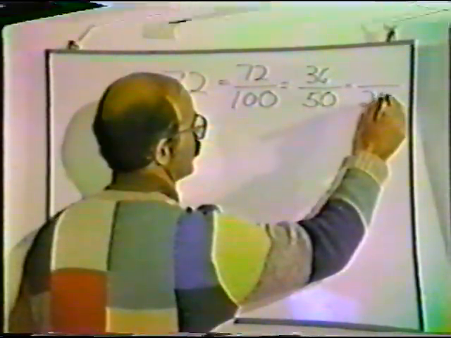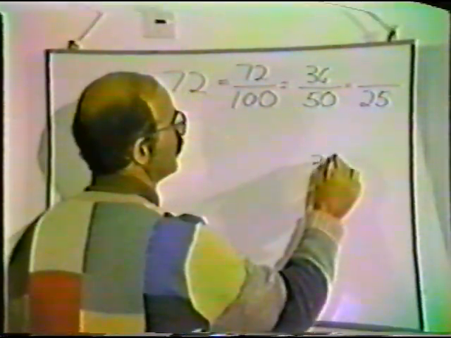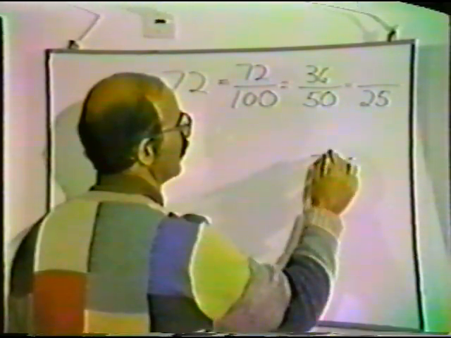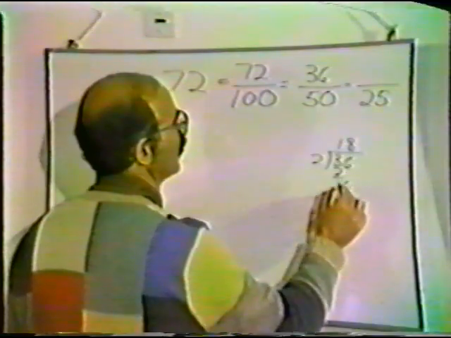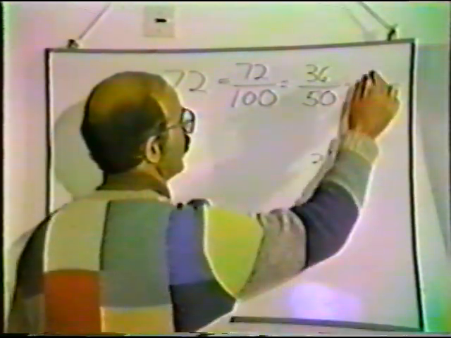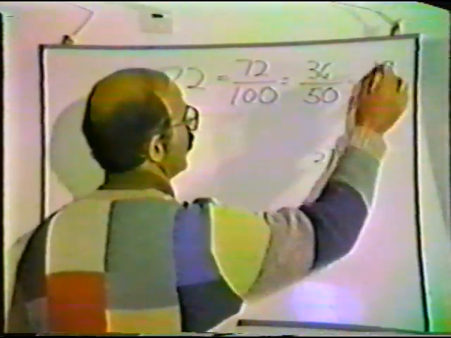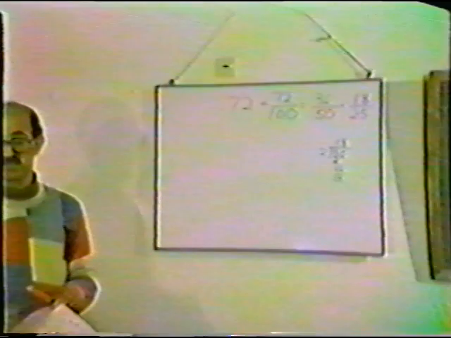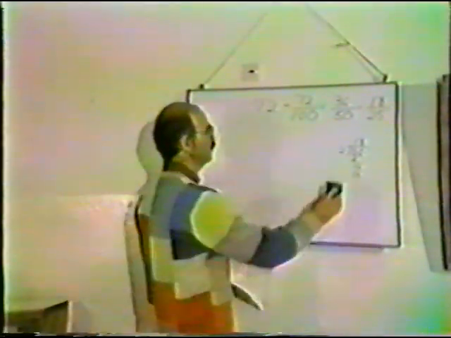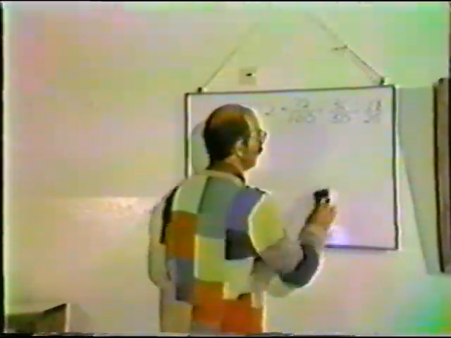That's something we should know. 2 into 36, we might not know, so we'll do the division, and we see that it comes out to be 18. Is it finished? Yes. Yes, it is. It cannot be reduced any more.